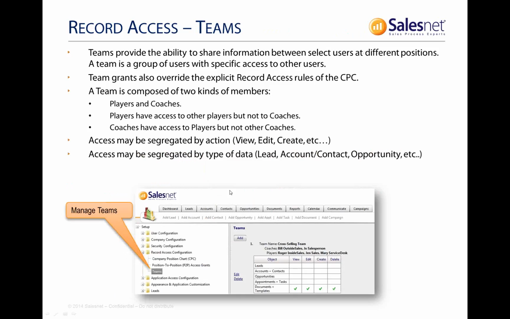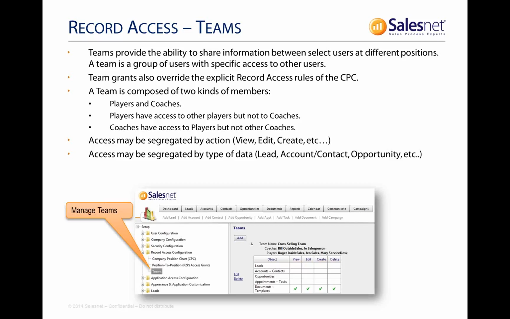And then we have teams. So P2P rules are rules between positions. Teams is basically rules between people, or individuals, or users. The rules between positions somewhat override or augment the hierarchy, and Teams does the same thing.